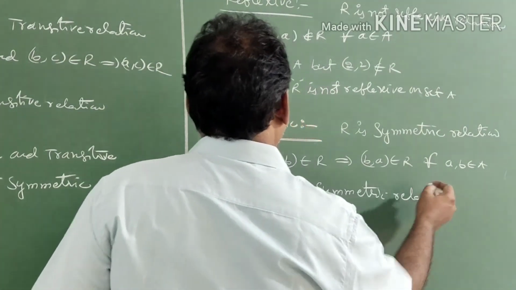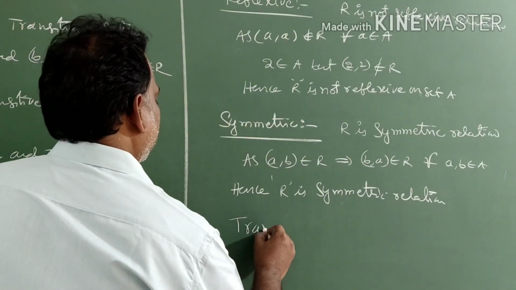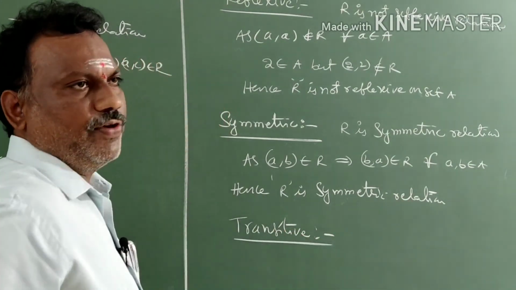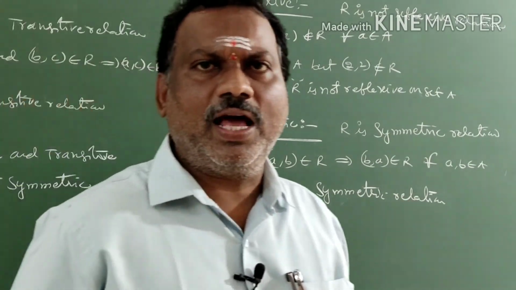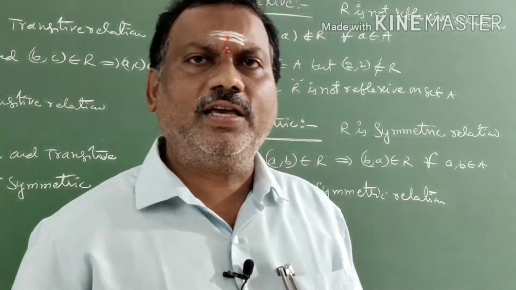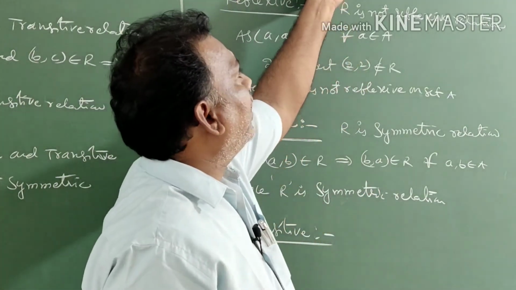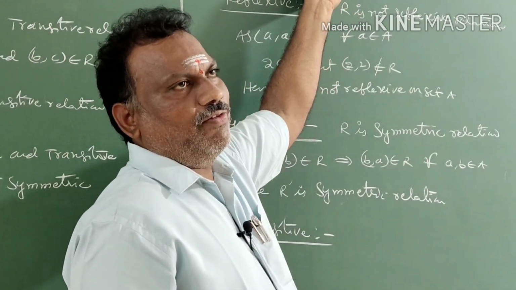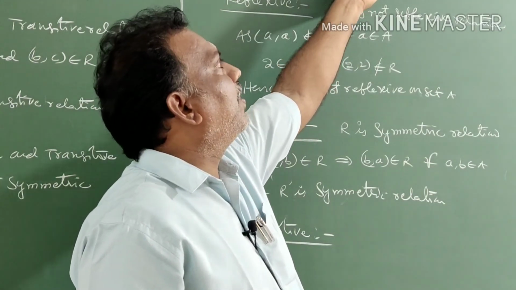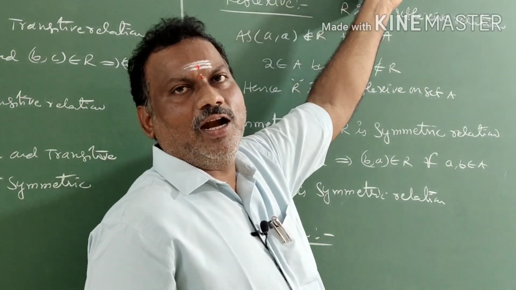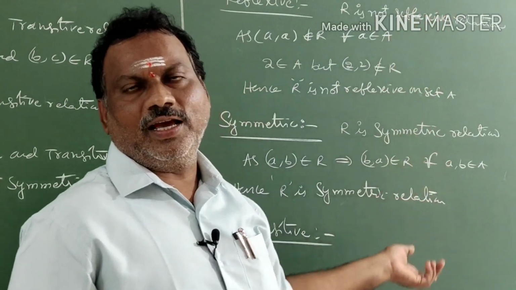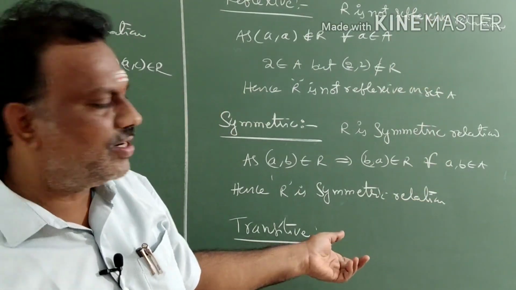Now we have to check transitive. Transitive definition, recall it: if AB and BC belong to R, then AC exists. Ordered pair (1,2) is AB, ordered pair (2,1) is BC, and obviously ordered pair AC is (1,1). So it is possible, so it is a transitive relation. Clear, students?